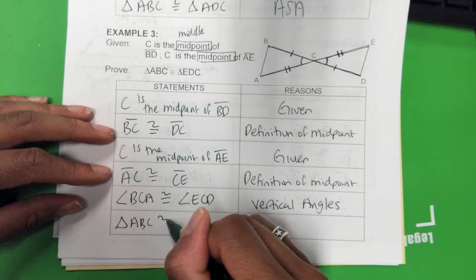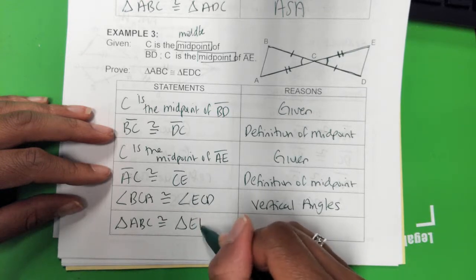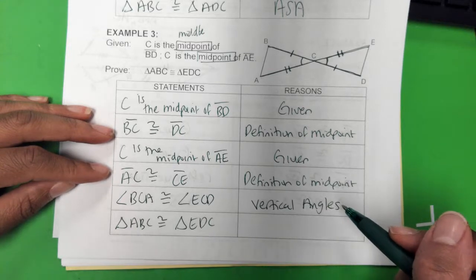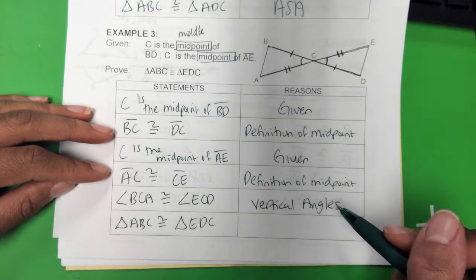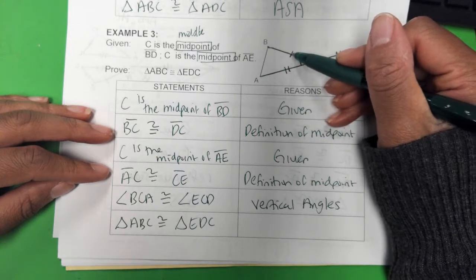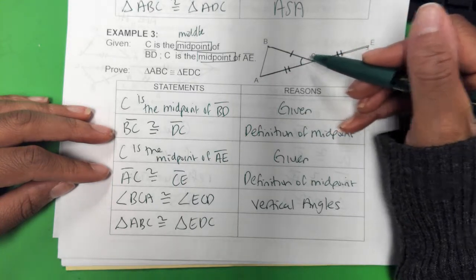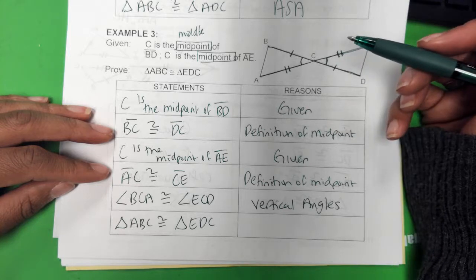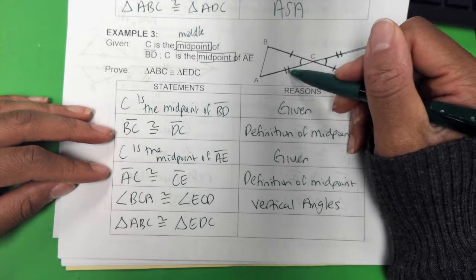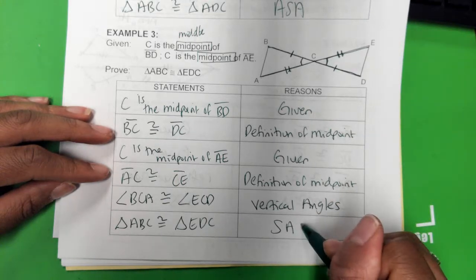Triangle ABC is congruent to triangle EDC based on which reasoning? Is it side side side, angle side angle, or side angle side? Let's see what's given. I have 2 sides and 1 angle. So which one has 2 sides and 1 angle? That would be side, angle, side. SAS.